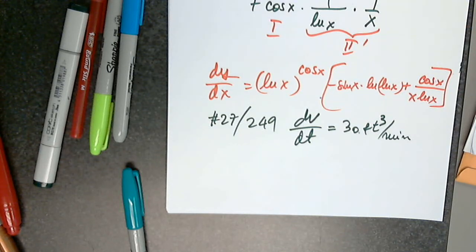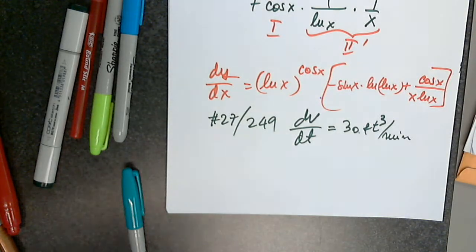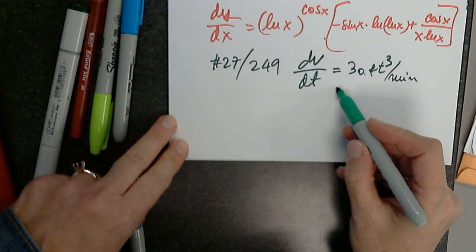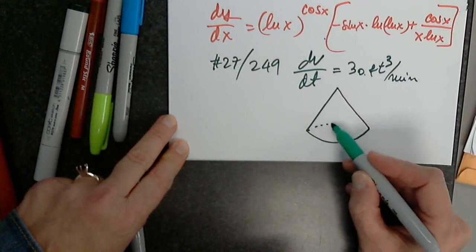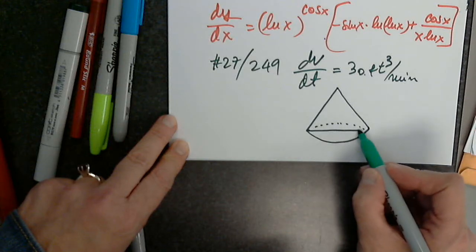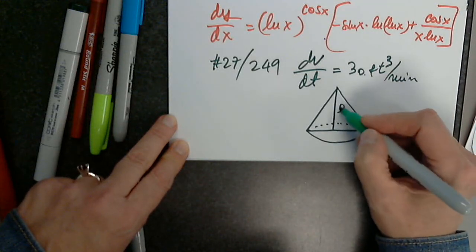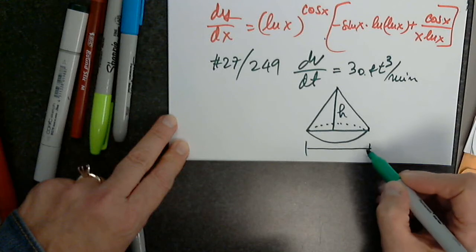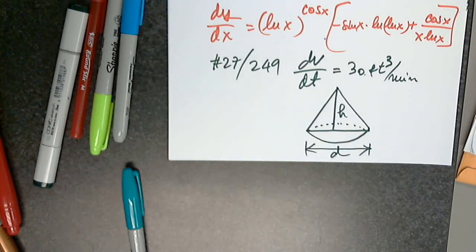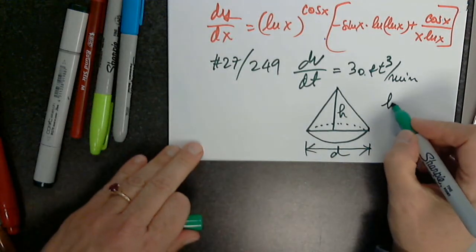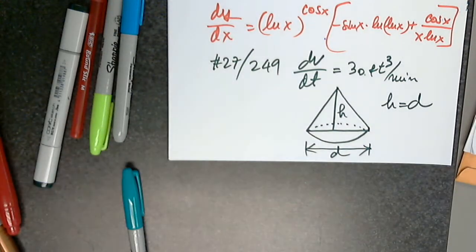So the gravel forms a pile in the shape of a cone whose base diameter and height are always equal. Base diameter and height are always equal. Perfect.